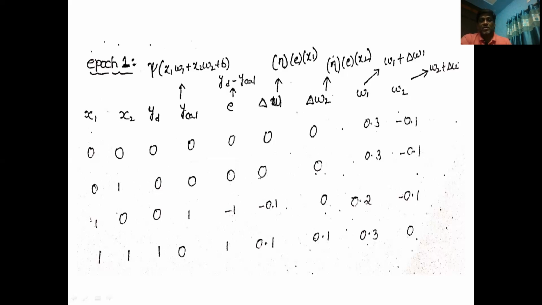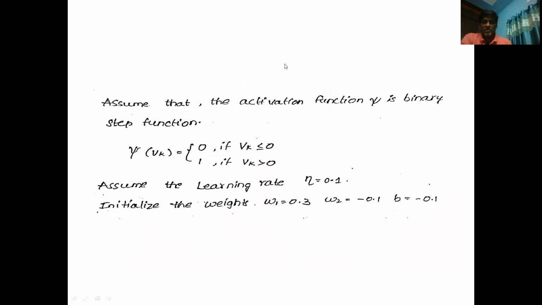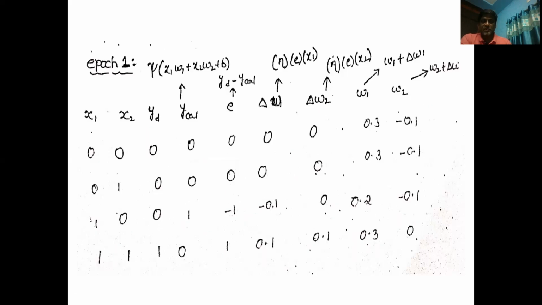Now we'll calculate delta W1. That is eta, which is 0.1, into the error term, minus 1, into x1, which is 1. Therefore, the result is minus 0.1.